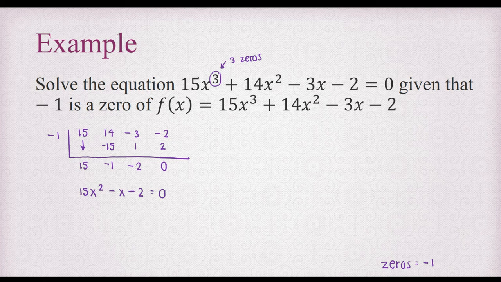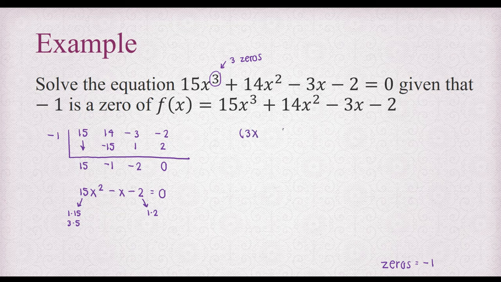Okay, so I am going to factor. 15 is either 1 times 15 or 3 times 5. So those are going to be the numbers that are going to start my factors. Nice thing about 2 is that it's just 1 times 2. Because I want to get a -1 in the middle, I'm probably going to want to start with numbers that are closer to each other. So I'm going to start with the 3 and the 5 when I'm trying to factor.